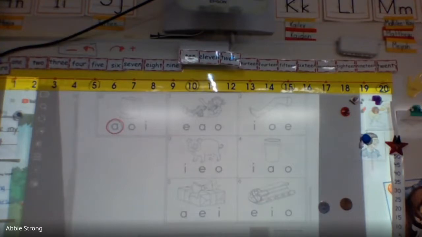All right, now we have a picture of a leg. Listen to the sound. L, e, g. L, e, g. Which of those 3 letters makes the e sound? Circle that letter in box number 2.